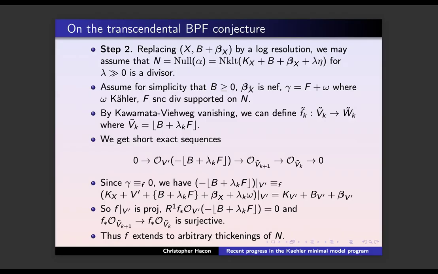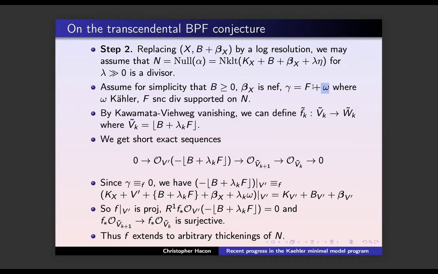Beta_X is nef, right? When you're going to a high enough model, this (1,1)-form becomes nef. And gamma is of the form f plus omega, where f is some effective R-divisor, and omega is some Kähler form. You can always do this as long as you take a sufficiently high resolution.